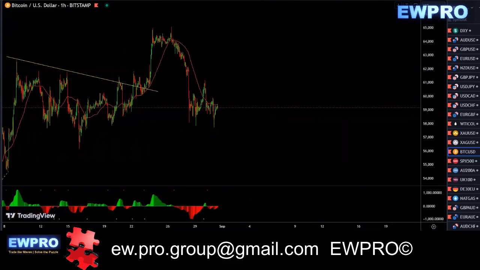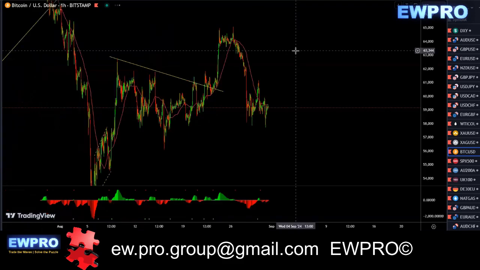I mean, yeah, it's already sort of played out because we have a lower low in here. We have bullish divergence. So yeah, you're really going down scalping on the lower time frames at this stage.